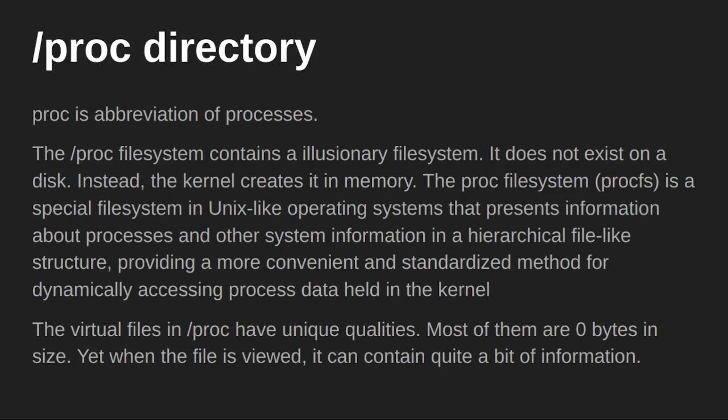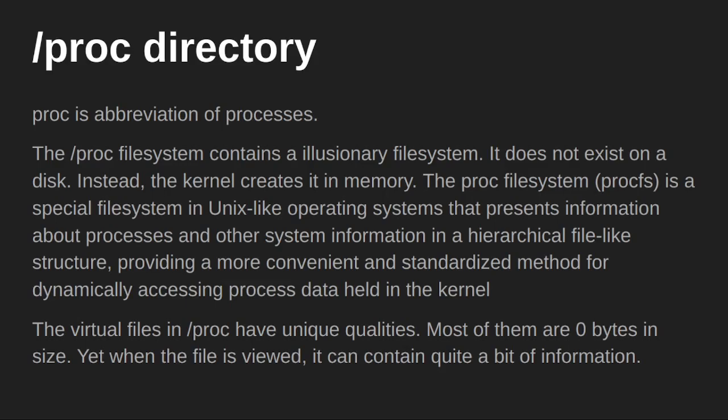The proc file system, procfs, is a special file system in Unix-like operating systems. So Linux is a Unix-like operating system. Linux is a de facto Unix system, but Linux doesn't have the authority to use the Unix trademark, which is owned by the Open Group.